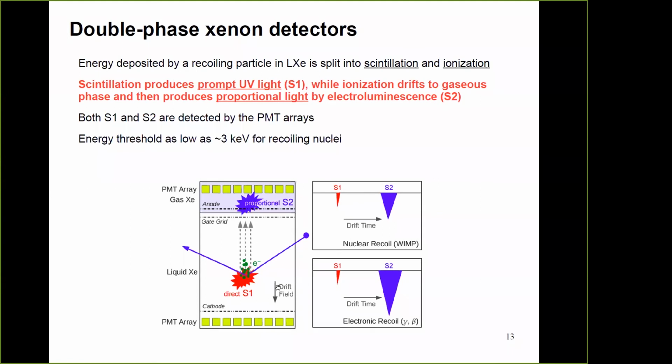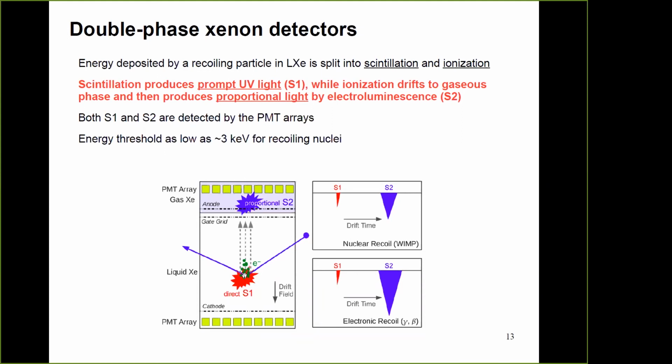So an electron will produce more ionization than scintillation, and the other way around for a nucleus. The scintillation is light in the ultraviolet regime, and that's promptly detected by the PMTs. So this is what we call S1, just the scintillation, detected almost instantly.